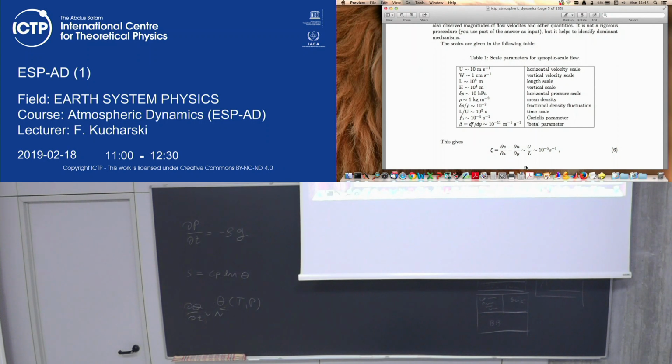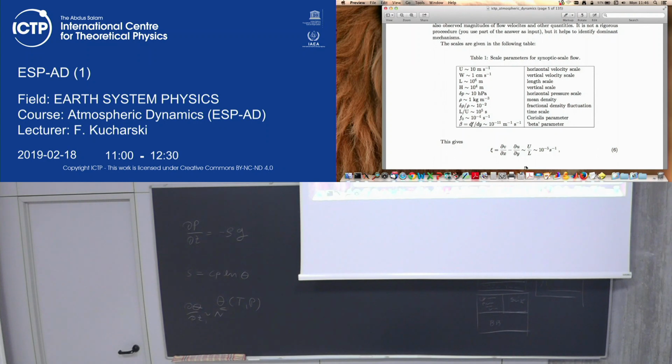Let's start with the vertical extent of our flow, the height of the tropopause, maybe we can say about 10 kilometers. This is quite a safe guess. Horizontal scale, we can say we are interested in 1,000 kilometer scales. That's the scale of the cyclones that we are interested in.